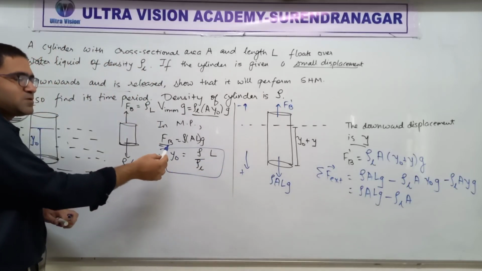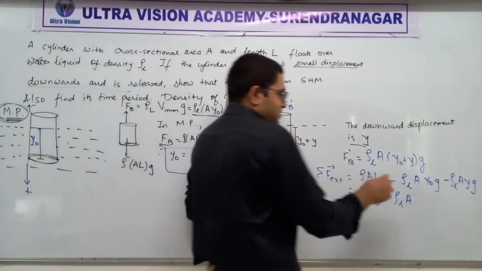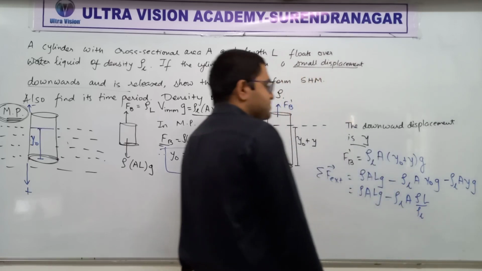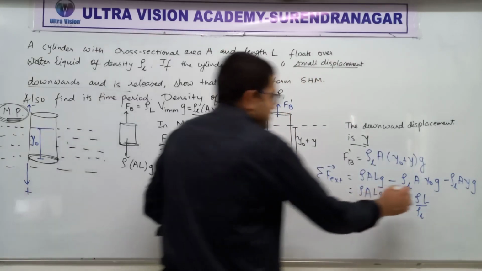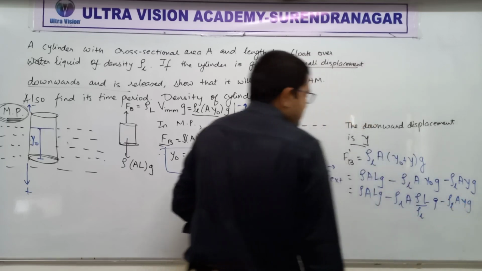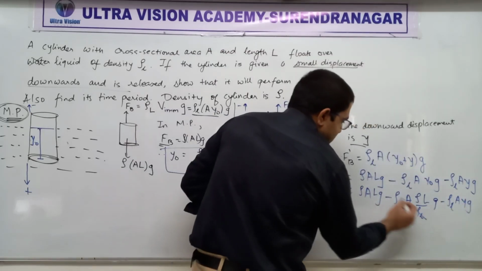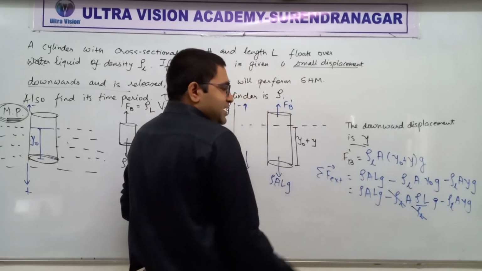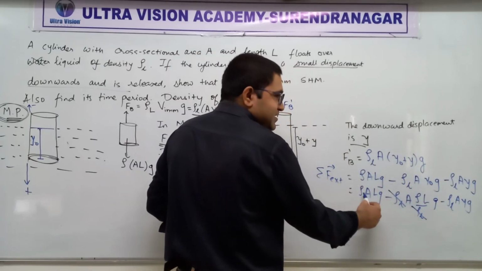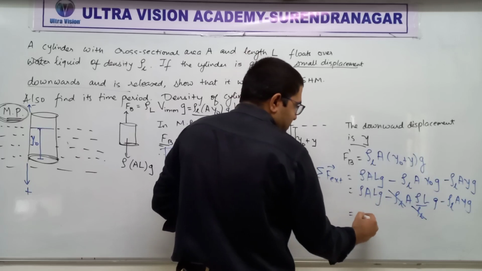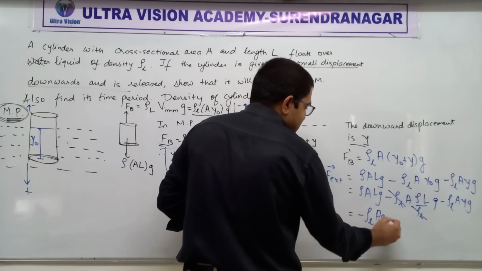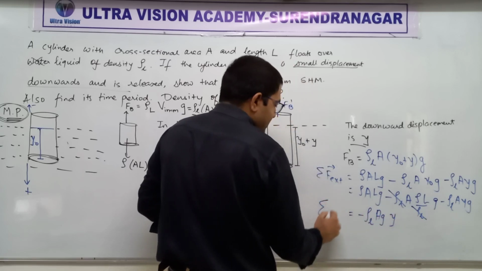Rho capital L divided by rho small l, into g, and then minus. So lots of things are cancelled. Here this cancelled with this, and the same term here. I hope you see first and second term are same. So that is subtracted, and finally you get minus rho l A into g into y.